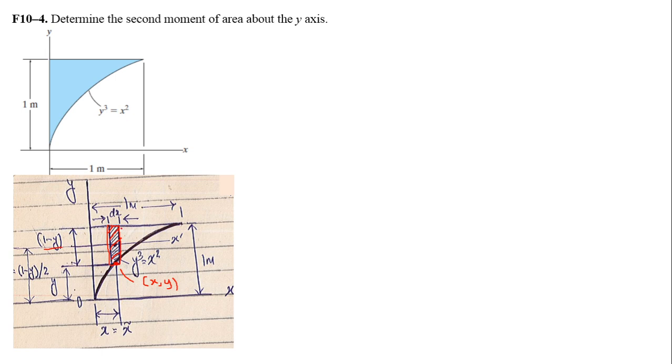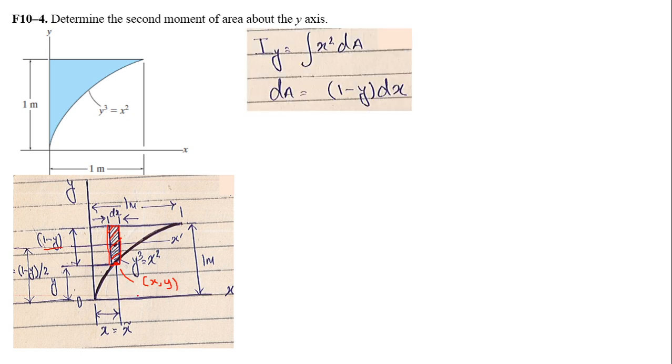And the thickness of the strip is measured along the x-axis, which is dx, right? So since my condition of equal moment arms is being satisfied here, the moment arms measured from the y-axis along the x-axis remain of the same length everywhere on the strip.